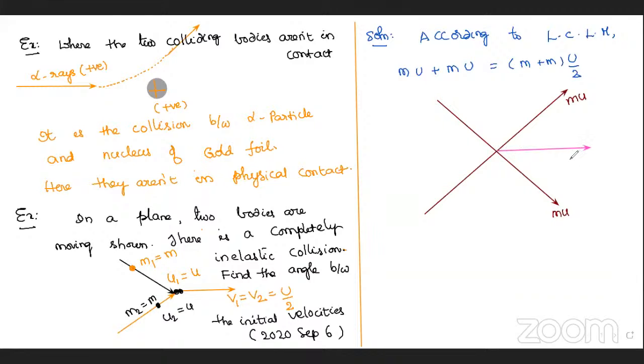This is m plus m stick together and comes with a common velocity of u by 2. Are you saying this one only, Nana? Yes, sir. Which is 2m into u by 2, that is equals to mu. Means two equal vectors making an angle theta.